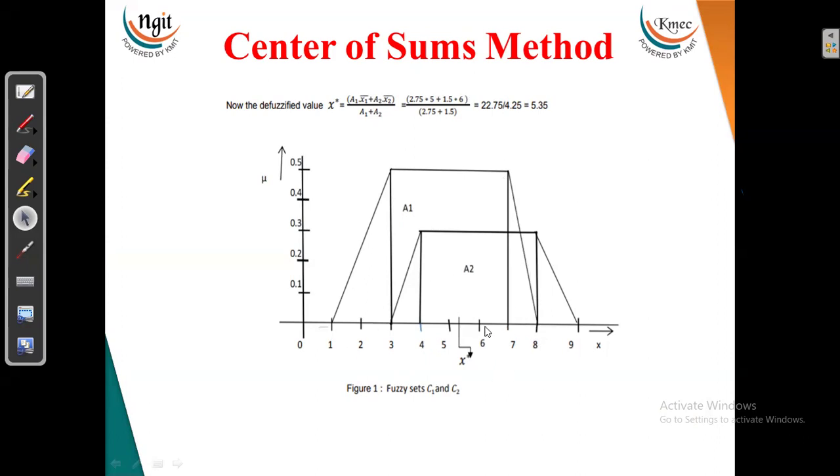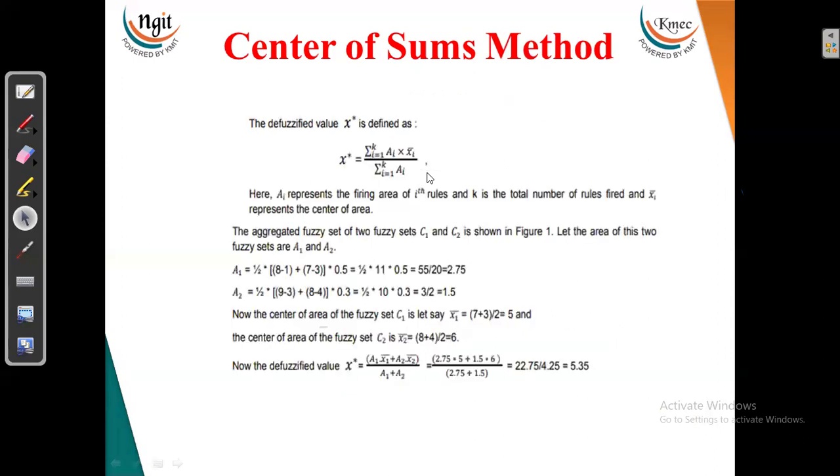And for these two lines, it is 7 minus 3, into the top value, which is 0.5. So half into (8 minus 1 plus 7 minus 3) into the y value 0.5. When I calculate, I get 2.75.